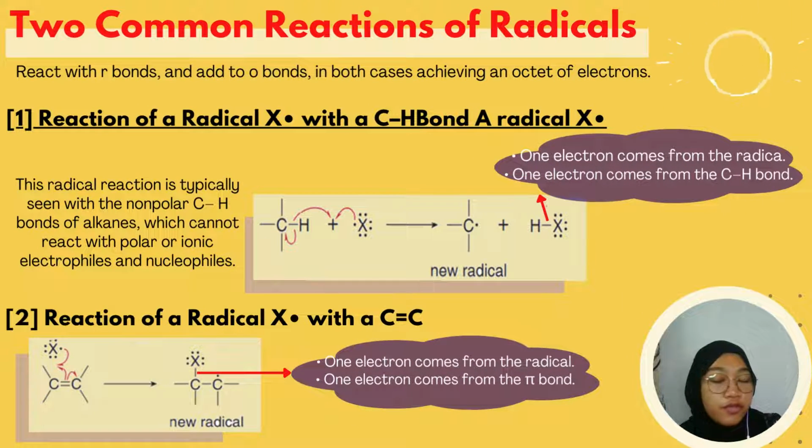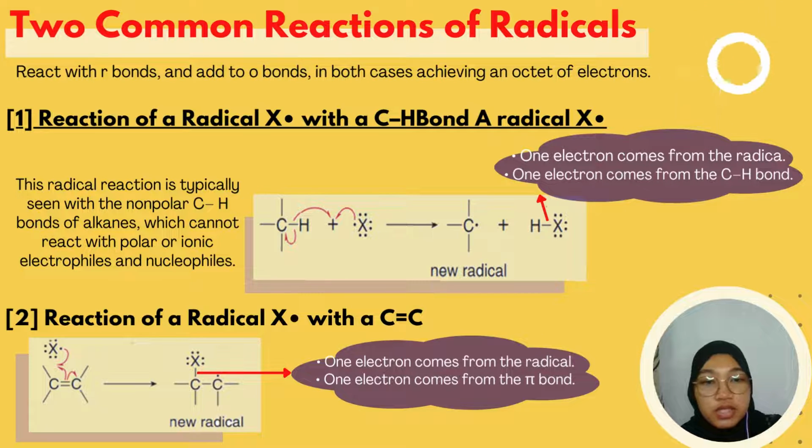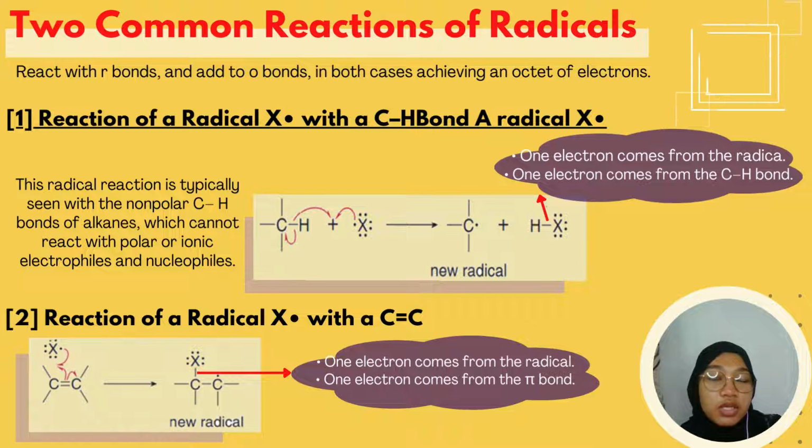For two common reactions of radicals, we have two types of reaction. First, reaction of a radical with a CH bond. From the reaction above, the radical X abstracts a hydrogen atom from the CH bond to form HX and a carbon radical. One electron from the CH bond is used to form a new HX bond, and another electron from the CH bond remains on the carbon.